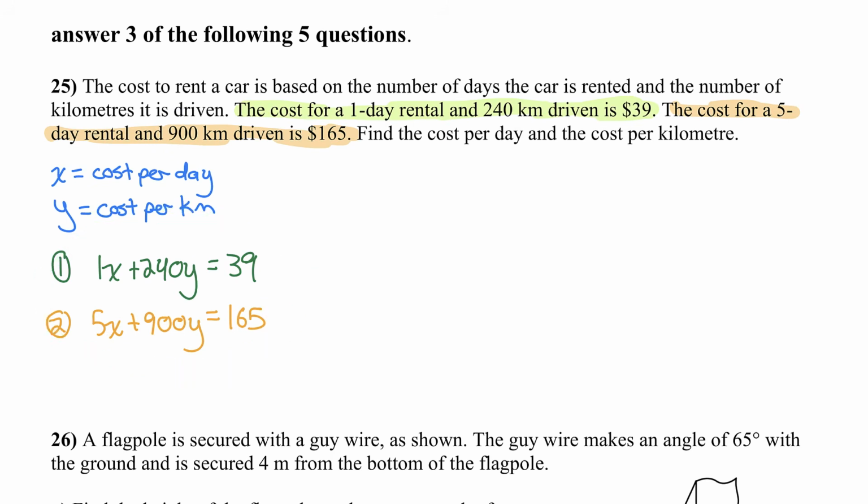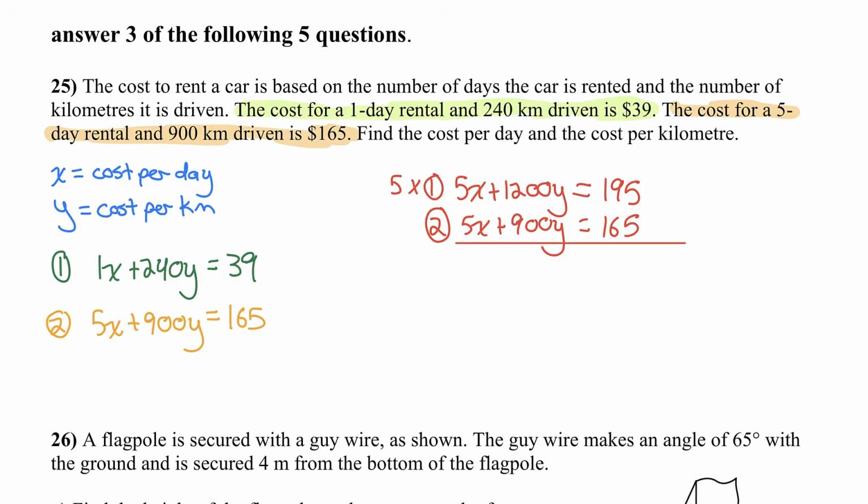I think I'll use elimination. I'll make the x's have the same coefficient by multiplying this top equation by 5. When I multiply equation 1 by 5, I get 5x plus 1200y equals 195. I'll leave equation 2 as it is, and then subtracting these 2 equations from each other would eliminate the terms that have an x. 1200y minus 900y is 300y, and 195 minus 165 is 30.